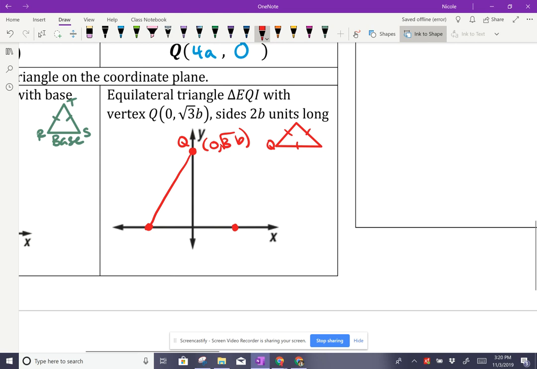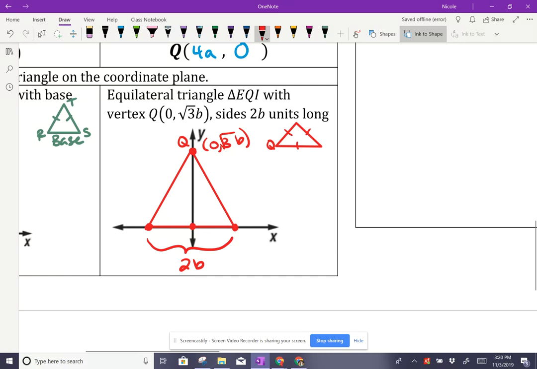So if our side length is 2b units long, and Q is right on the y-axis, then that's going to be hitting right at our midpoint.